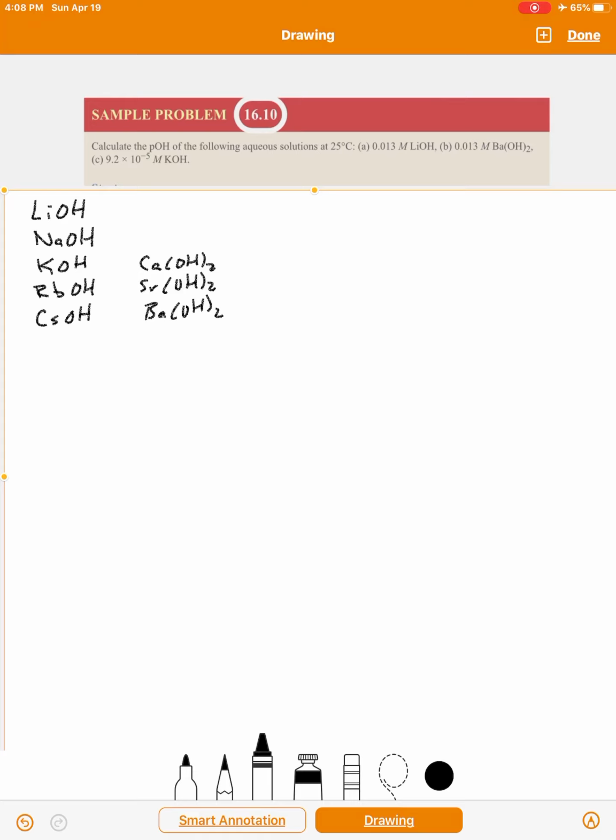That's 8 strong bases. There is a difference here, and that is that the group 2 metal hydroxides, calcium, strontium, and barium, they each form 2 hydroxides when you dissolve them into water. The effect of that is doubling the concentration of hydroxide. Think of a bicycle. If you have 10 bicycles, but you take the wheels off the bicycles, how many wheels do you have?